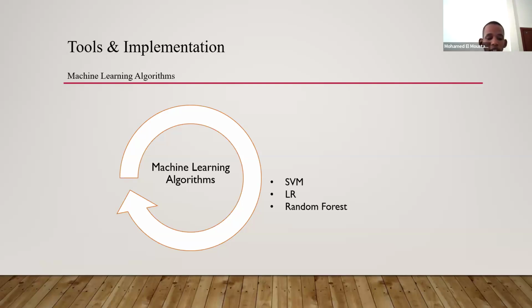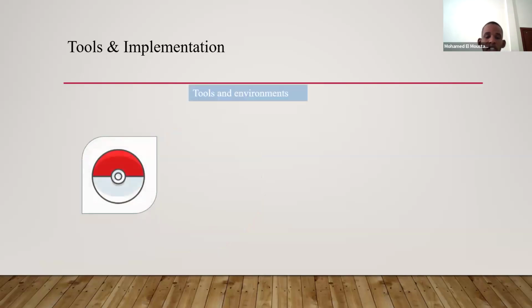It is a machine learning algorithm consisting of many decision trees for classification tasks. We apply these three algorithms in order to compare their performance and deliver text classification in the Hassania dialect.